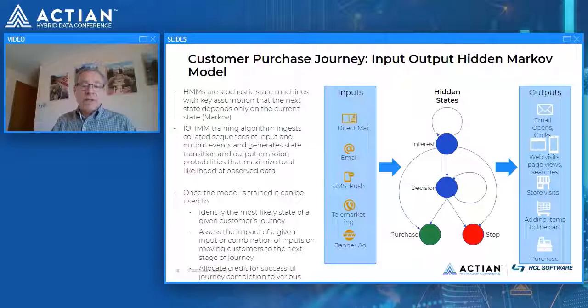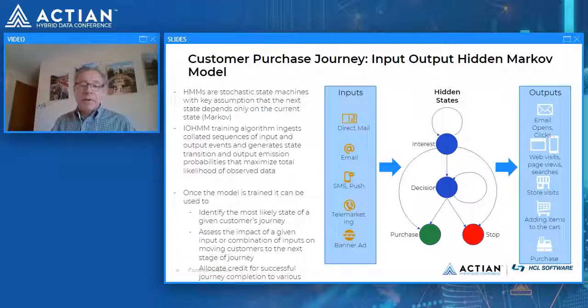If we consider not just model states that generate output, but also take inputs, this model maps pretty nicely to a customer purchase journey, which goes from getting interested to making a decision, and finally either completing a purchase or abandoning the purchase.